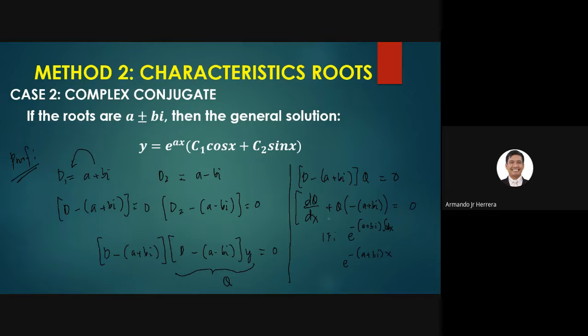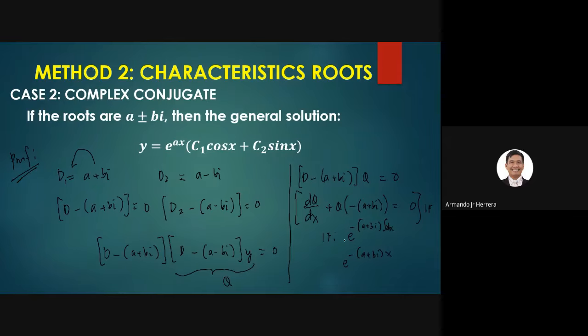So multiplying this by our integrating factor, ang mangyayari, magiging q times ito lang. Punta na tayo sa kabila. So that's the derivative of q e to the negative quantity (a plus bi) of x equals. So again, pag minultiply natin yung DE natin by our integrating factor, e raised to negative (a plus bi)x, multiply lang natin yung sa q.